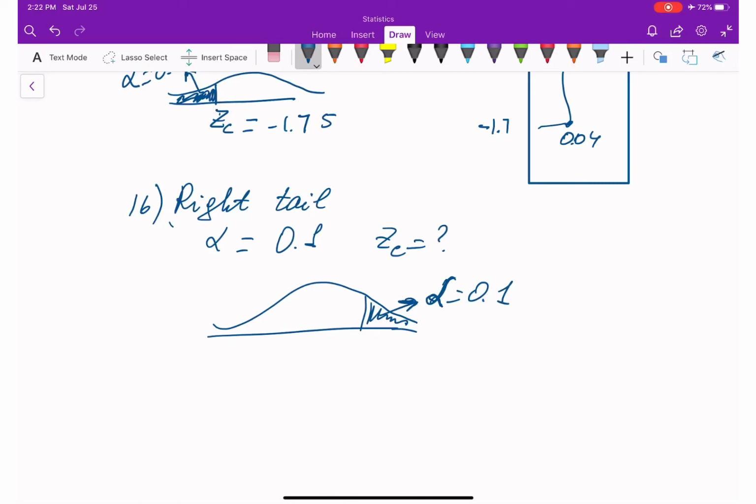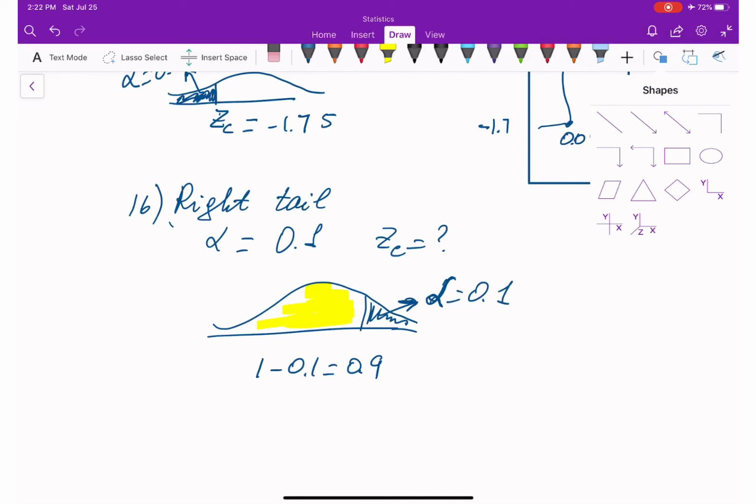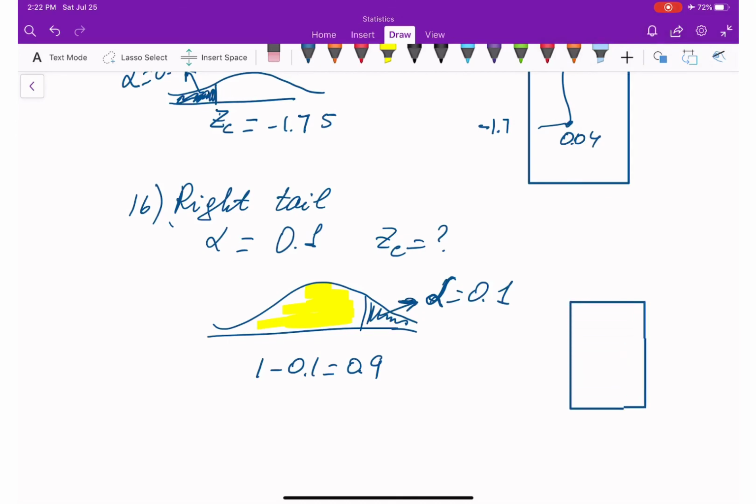So, since our table shows only the area to the left, what do we have to do? Right away, 1 minus 0.1, we get 0.9. Correct? 0.9 is the one we need to find in the table, and 0.9 is definitely 90% and greater than 50%. So we are looking in the positive table.